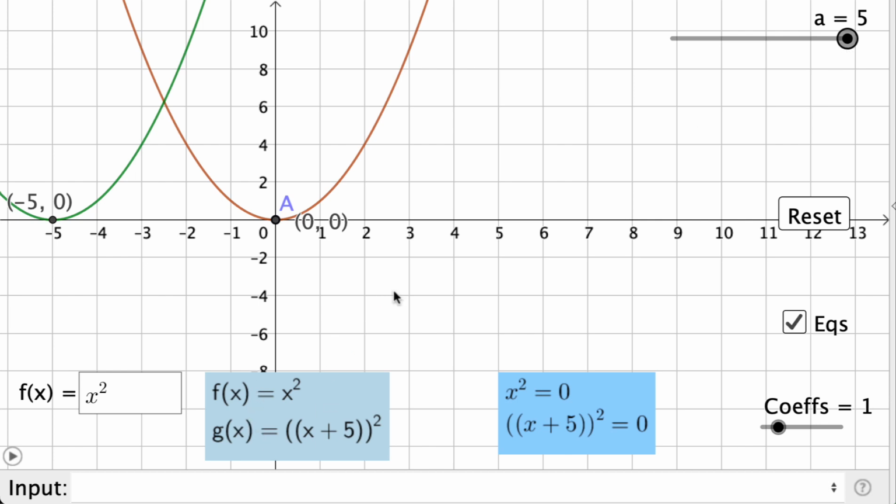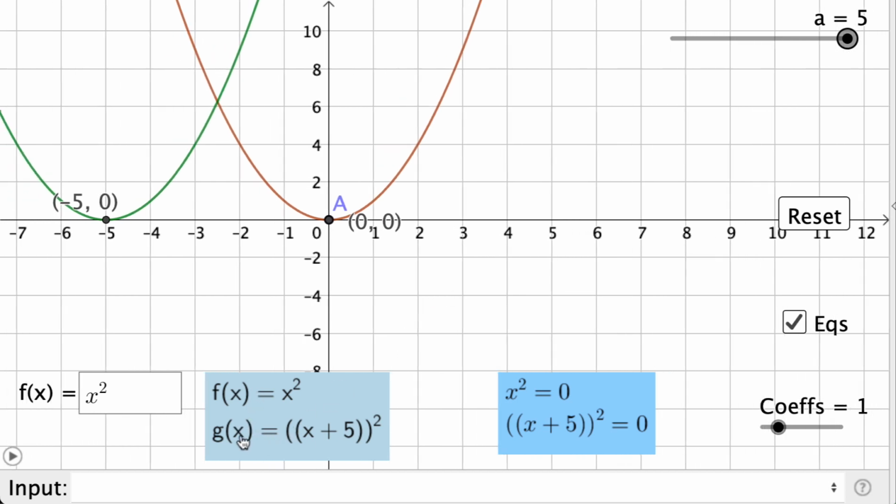And you can see that I have the equation here of this new function, g of x, which is x plus 5, and then that quantity squared. So currently, with an x value of 0, our output is equal to 0, because 0 squared is equal to 0.